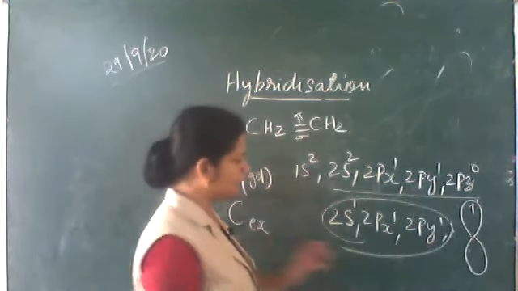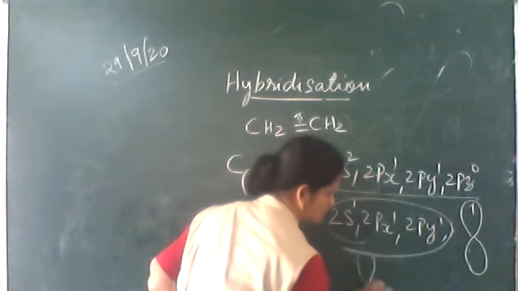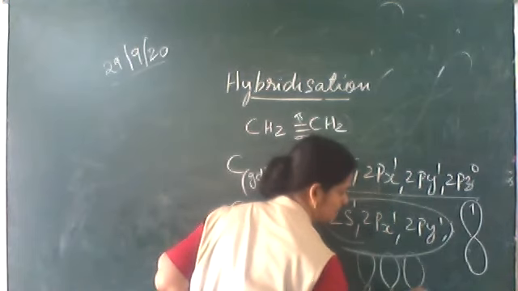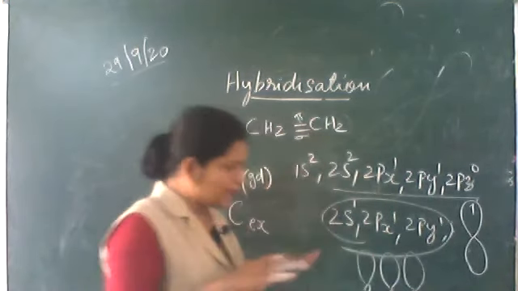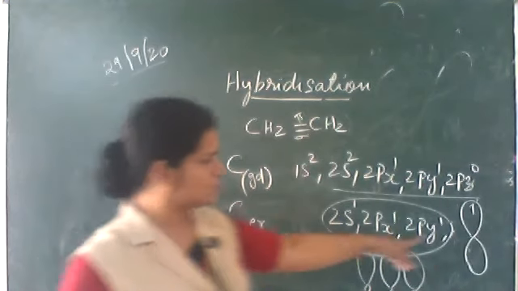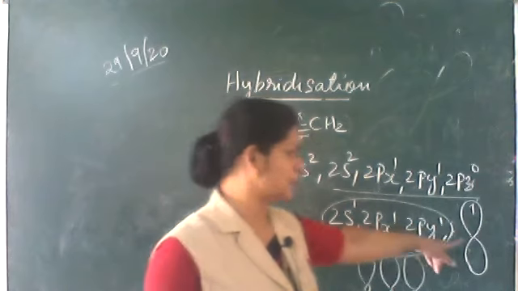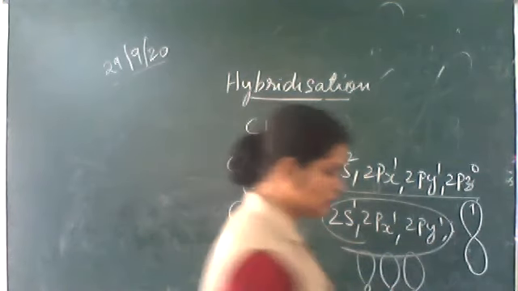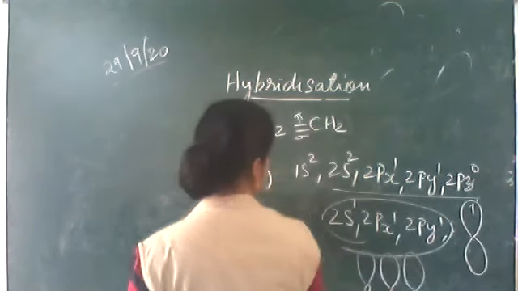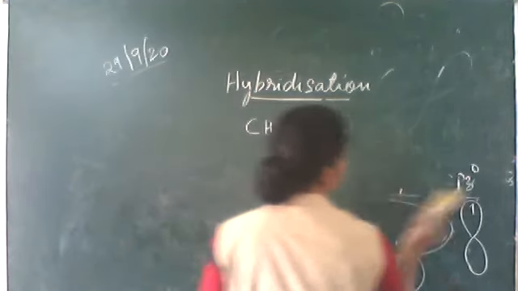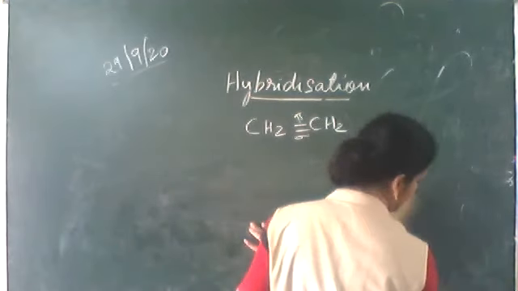So three sp2 hybridized orbitals are there. They will be standing in a planar way, and this one will be perpendicular to these three.